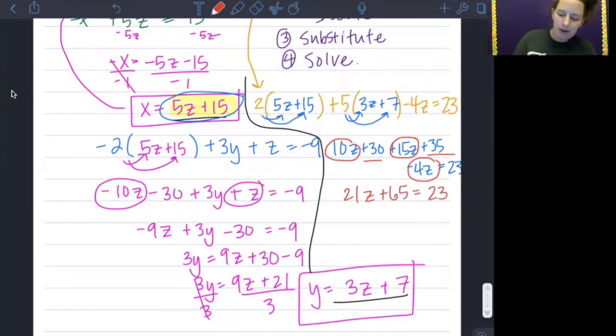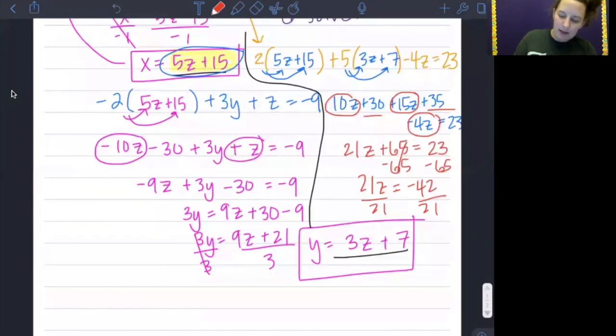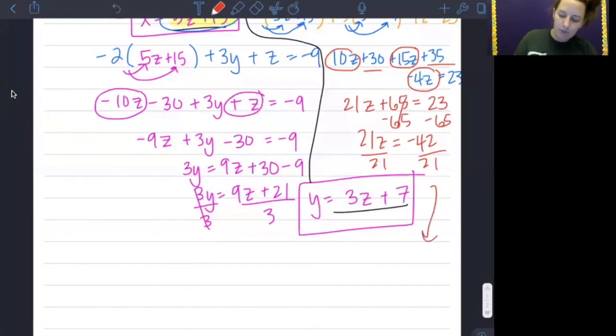And then from here, we're going to subtract 65. So we get 21z equals negative 42. Can't see that negative. So negative 42. And then when we divide by 21, we find out that z equals negative 2.